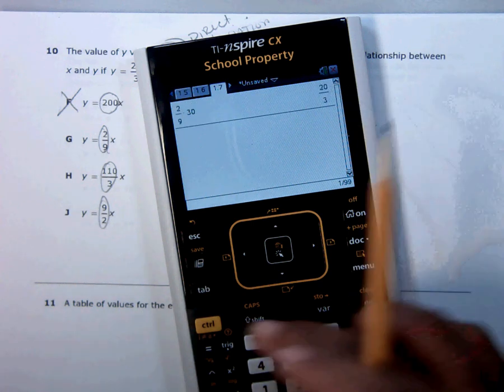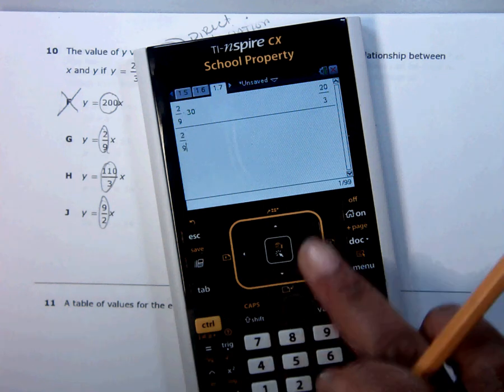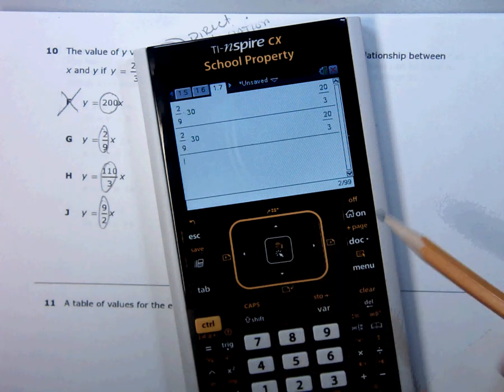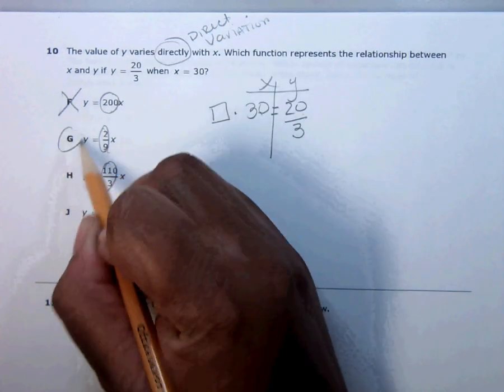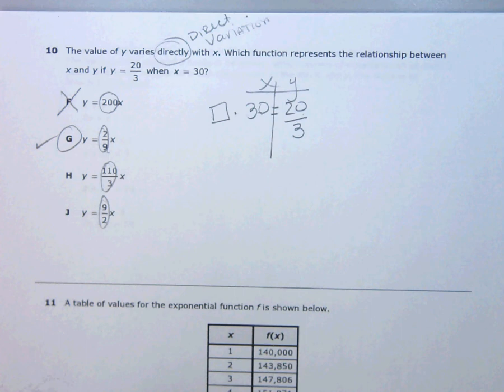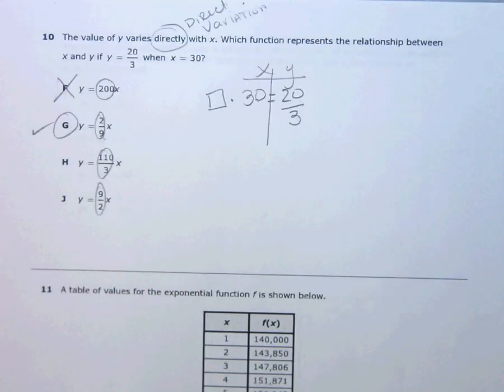Over 3. And I know some of you are probably going to do this, and that's fine too. But either way you do it, you still get 20 over 3. So G is your answer. Okay, I've done questions 1 through 10. I'm going to stop and then start the next video at question 11.